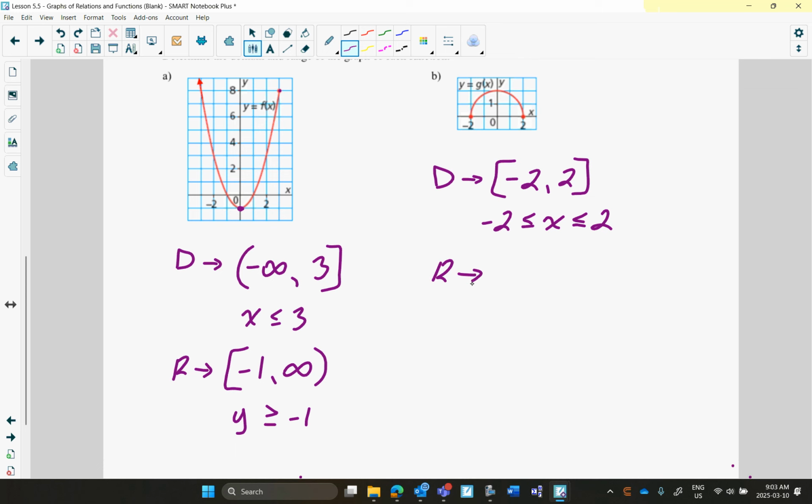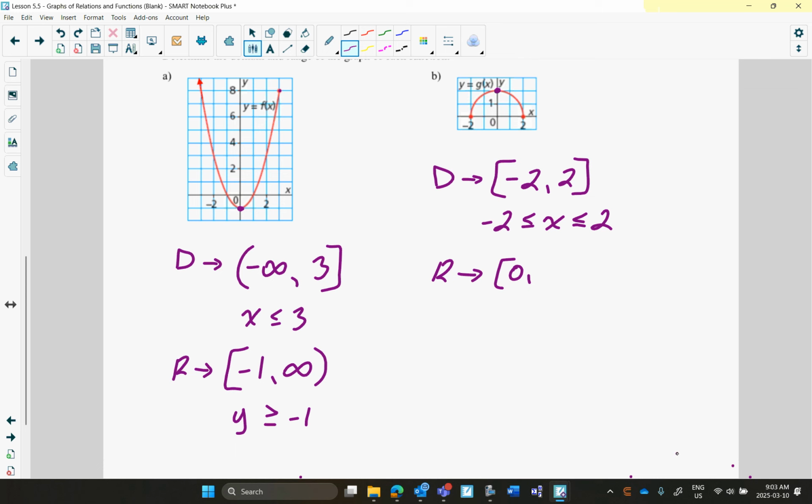Range. Change of thinking. Y coordinates, lowest to highest. Well, I've got two low points here. What are the y coordinates? 0. So that's where I start. And I go all the way up to, but stop here. I don't go any higher than that.